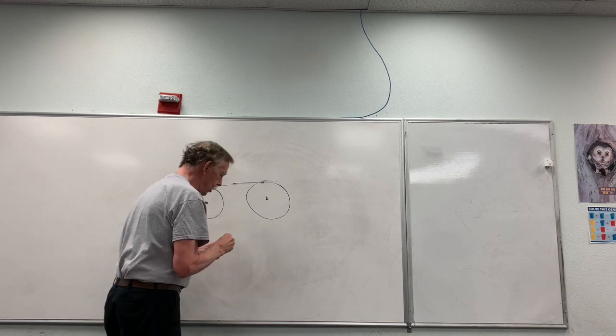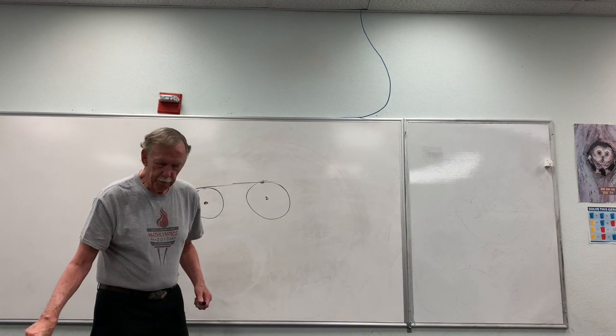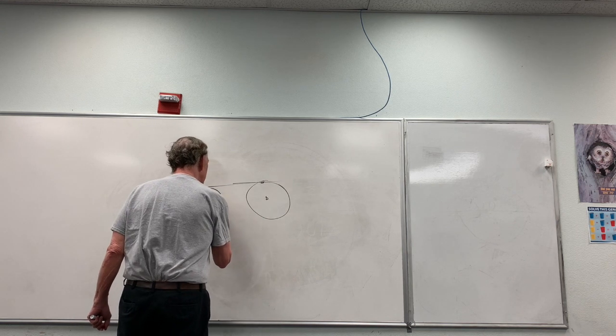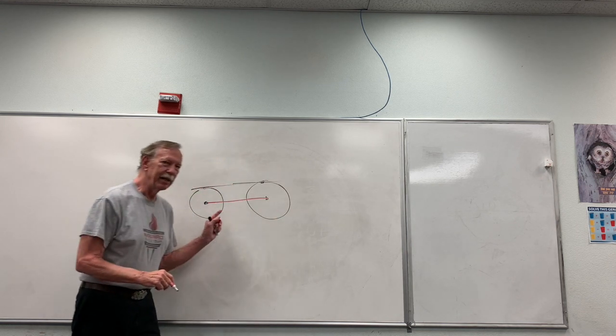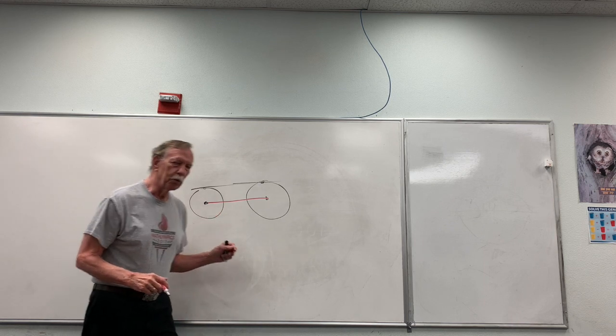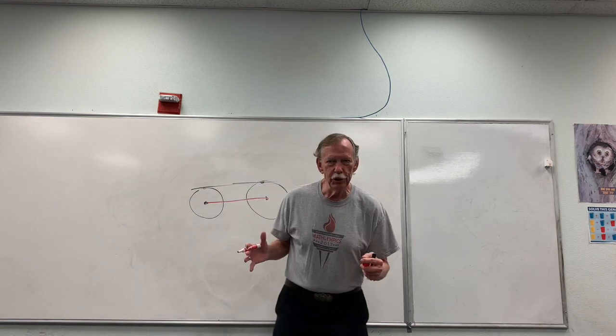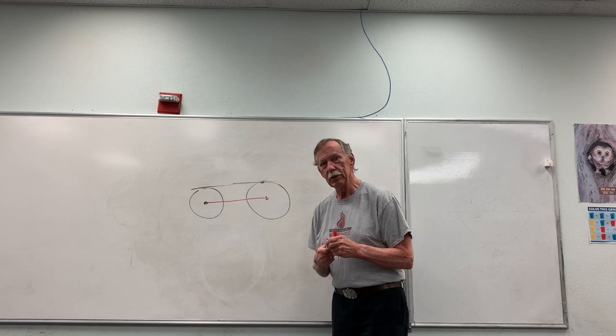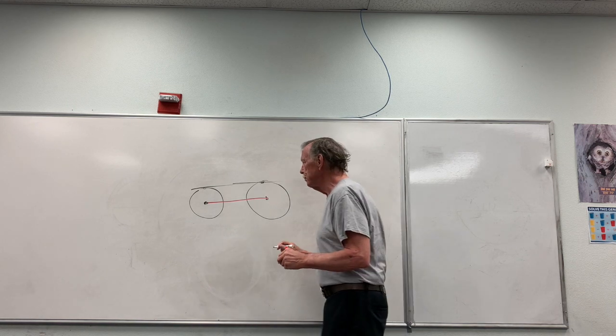When we draw a line from the center of one circle to the center of the other circle, like that, we create the groundwork for a definition of internal and external tangents. Here's how that works.